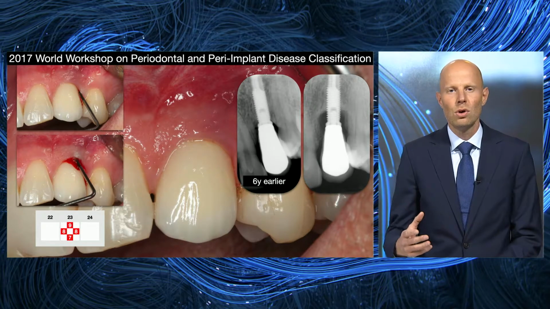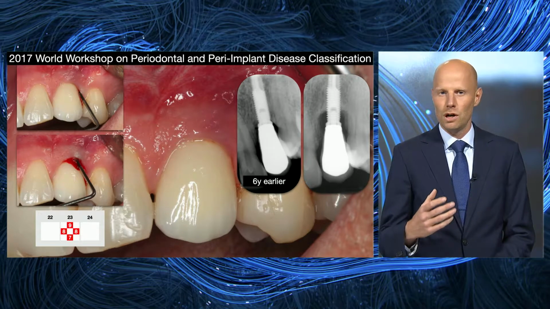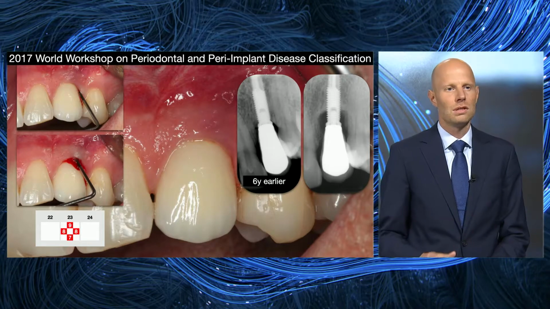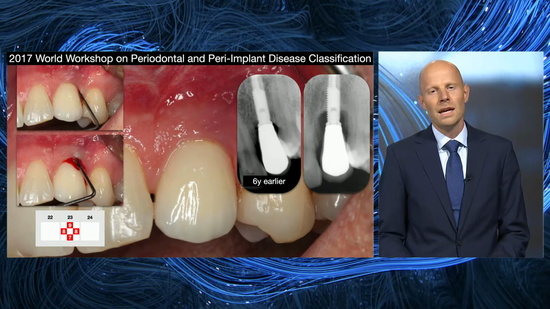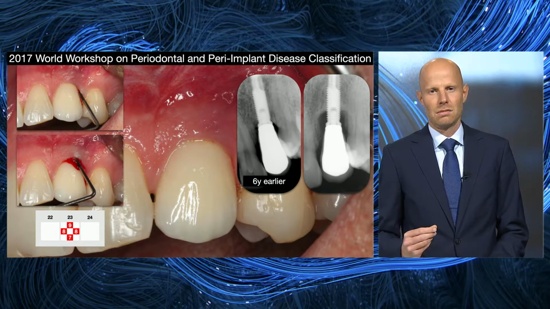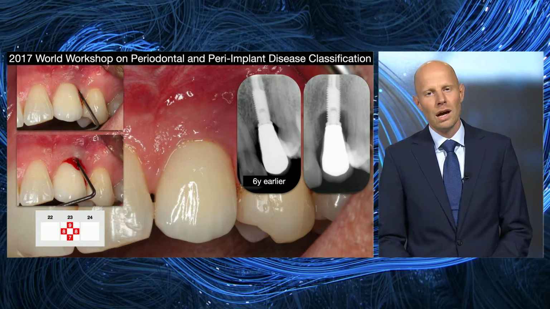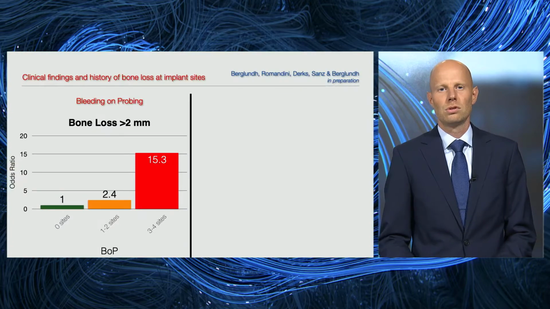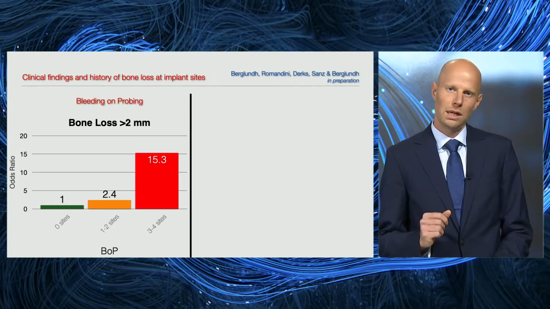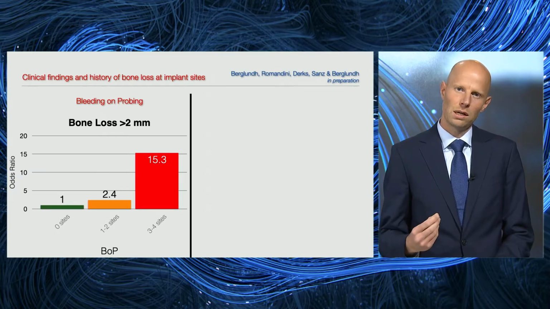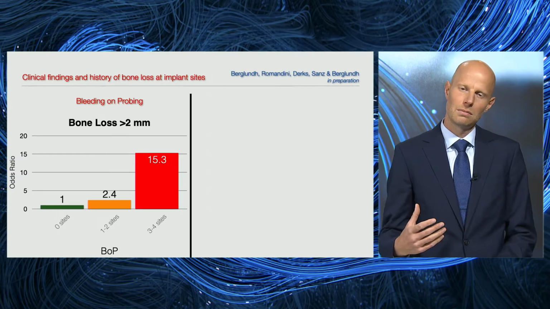Through my talk in the next couple of minutes, I will very much emphasize the clinical parameters indicated here on your left. Does this make sense? This concept was highlighted in 2017, but we now also have data to support it. If we focus on bleeding on probing first, it's a simple and quick assessment that you can repeat.